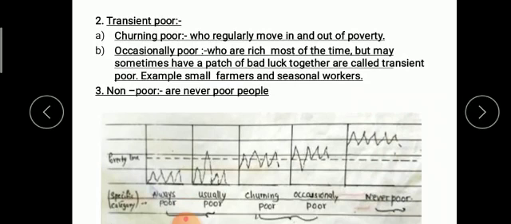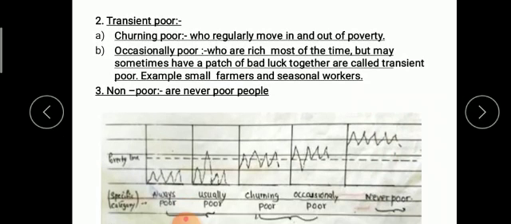Sometimes they have money, sometimes they don't. B, occasionally poor means who are rich most of the time, but may sometimes have a patch of bad luck. Together they are called transient poor.